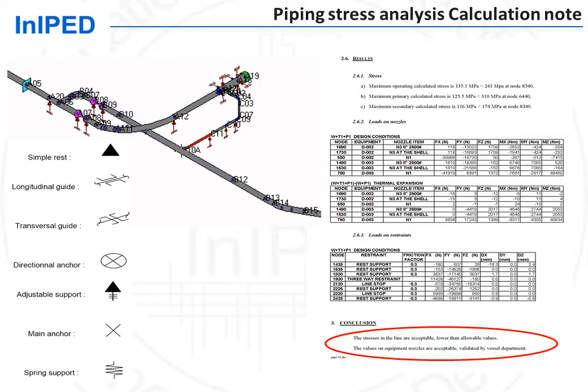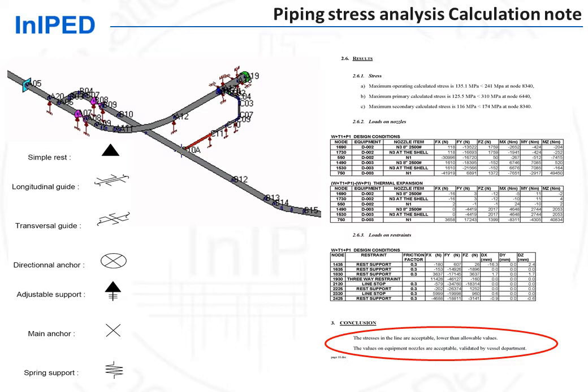The software calculates, based on the line maximum operating temperature and pressure, the stress in the various parts of the line, and also at connections to equipment nozzles.